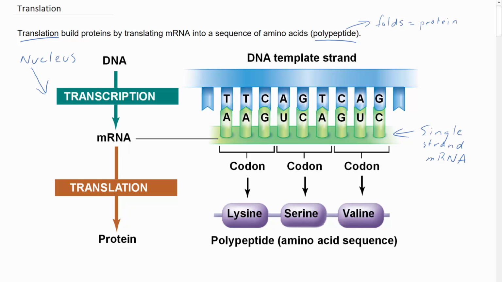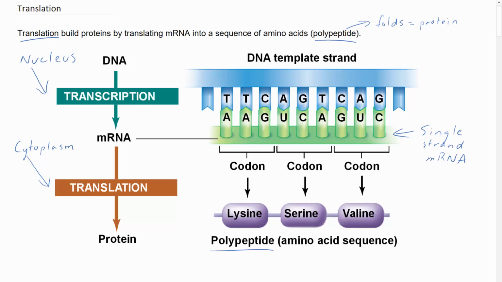The next stage of protein synthesis is called translation, and this is where you take that mRNA molecule, which was a product of transcription, and you code that into a polypeptide, which is just a sequence of amino acids, a group of individual amino acids that have been joined together in a long chain, and then eventually that folds into a protein. Now this process takes place in the cytoplasm.